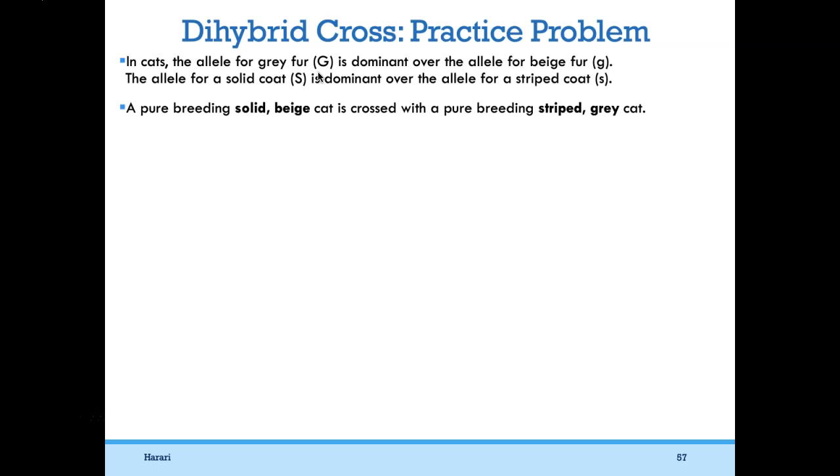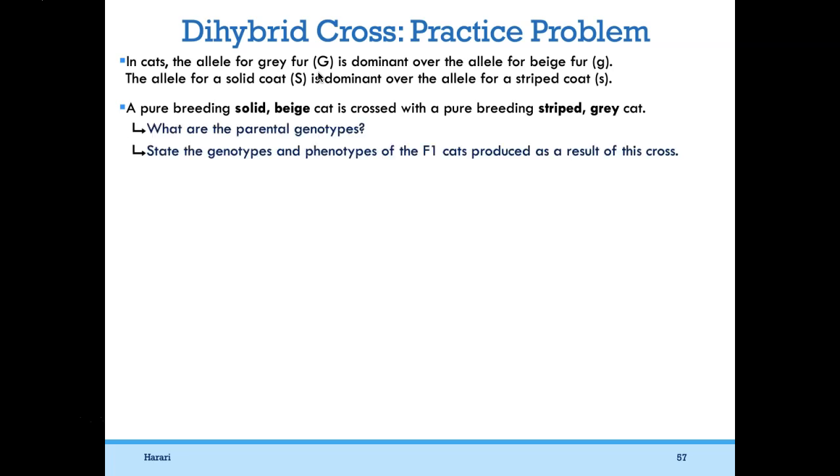If you have a pure breeding solid beige cat and you cross it with a pure breeding striped gray cat, what would you get? So pause now and try to figure out the genotypes of these two cats and show the mating. What are the parental genotypes? And state the genotypes and phenotypes of the F1 cats that would be produced as a result of this cross.